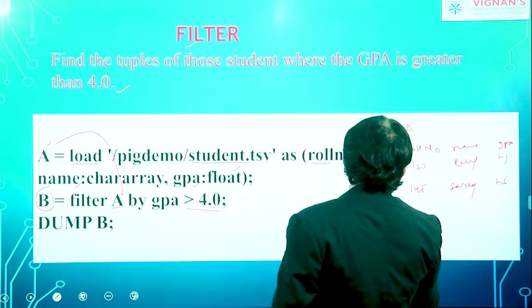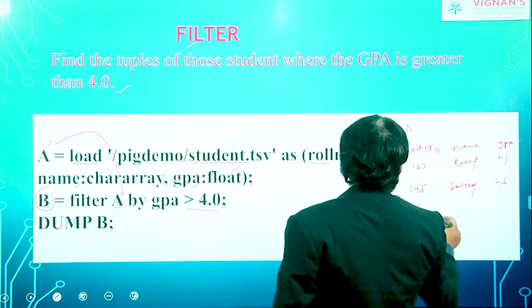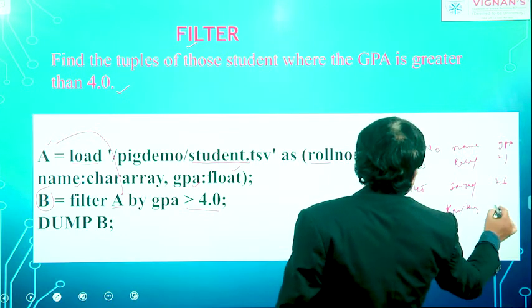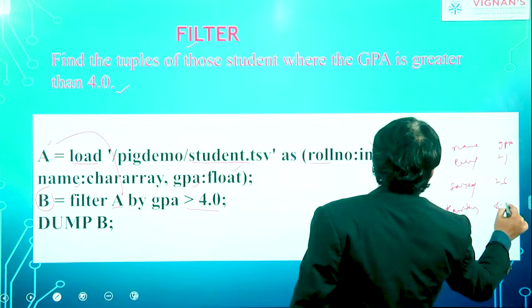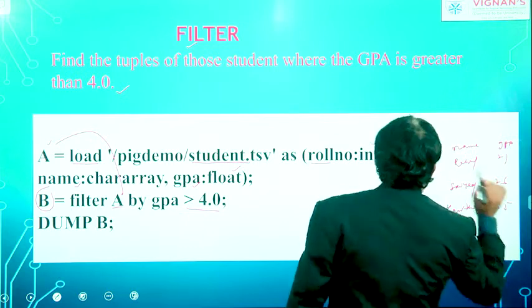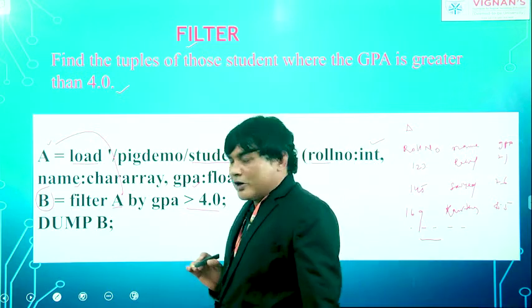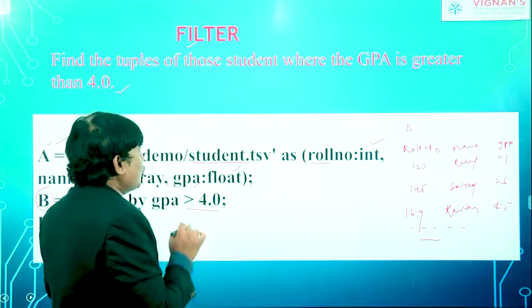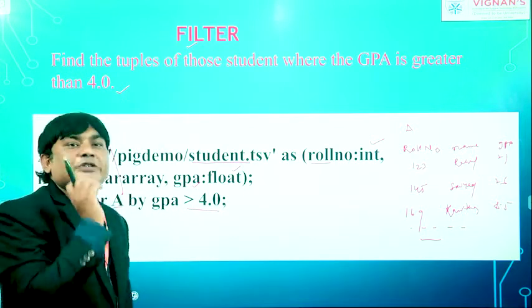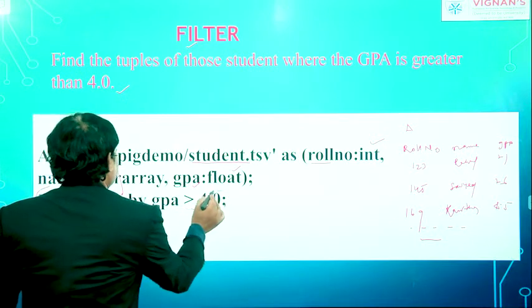Roll number is 169, name is Kavita, and GPA is 4.5. Like this, I am writing many. We have much data in this file. Now, if you apply this filter, it will select only those tuples whose GPA is greater than 4.0.